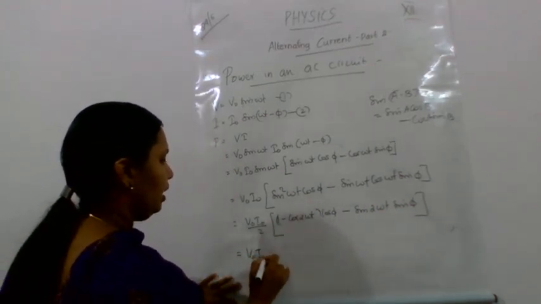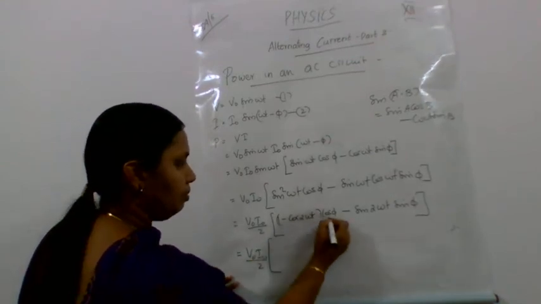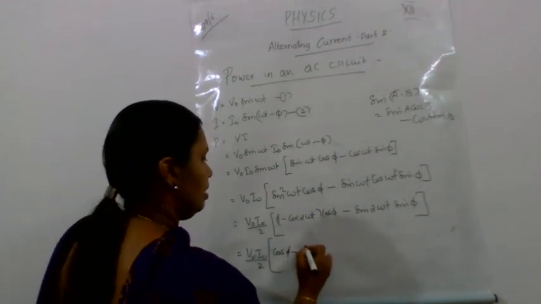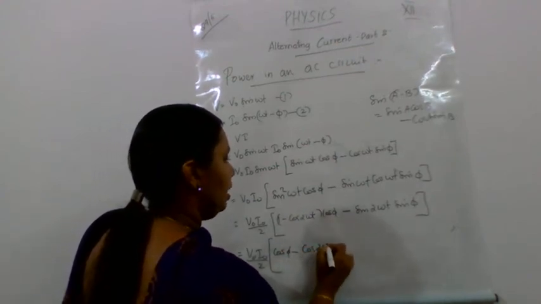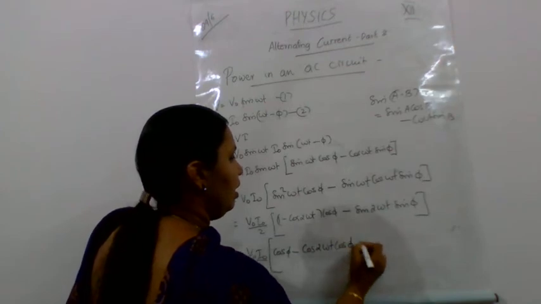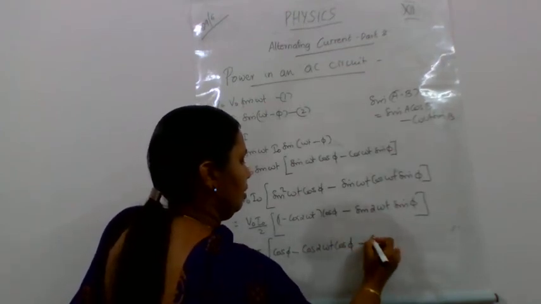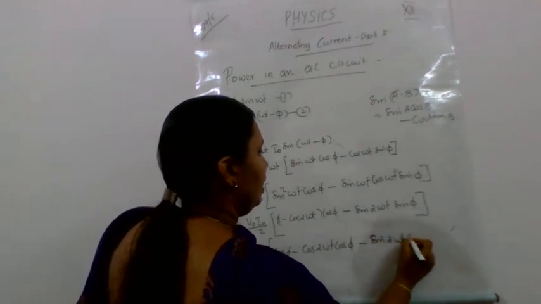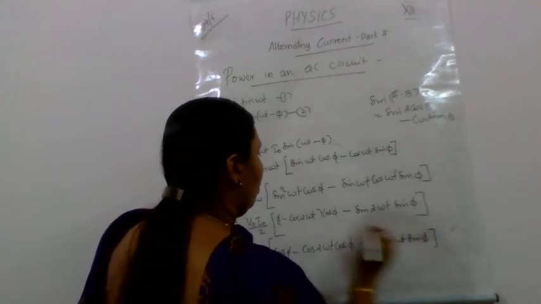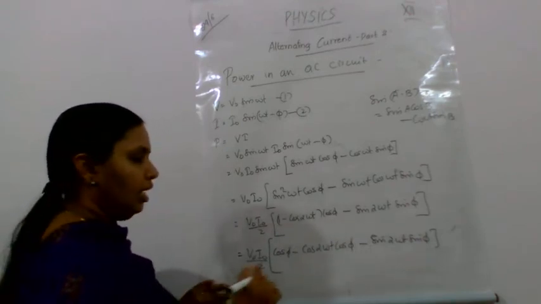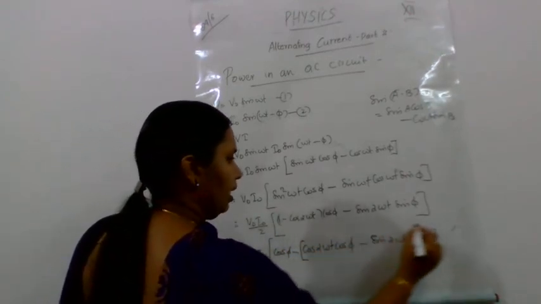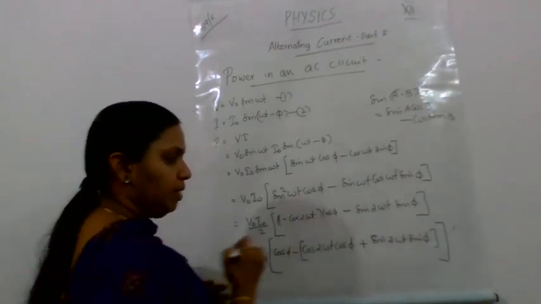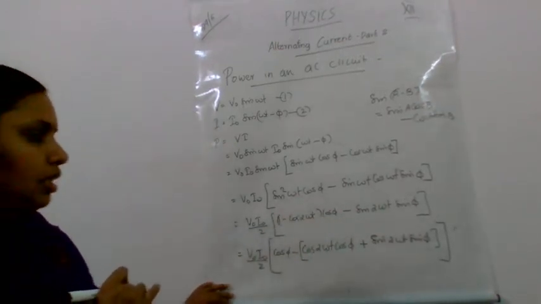Again, opening the bracket, we will get 1 into cos phi, that is cos phi, minus cos 2 omega t cos phi, minus sin 2 omega t sin phi. Opening this bracket, and keeping this inside the bracket, this comes plus.